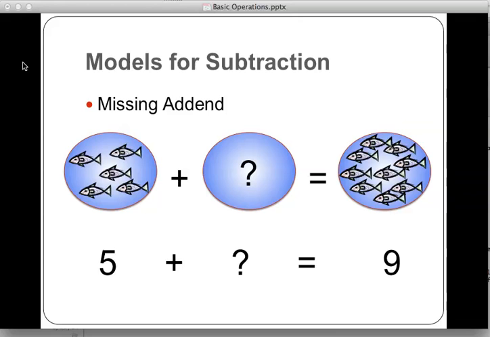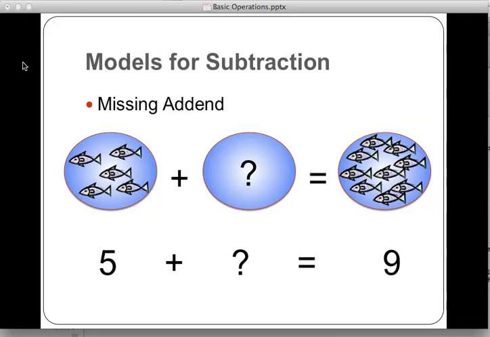There are other problems in the real world, though, that require subtraction, and they aren't takeaway. In this particular example, the question is really asking, if we have 5 and we need to get 9, how many more do we need? It is a true subtraction problem. The answer is 9 take away 5, but it's not takeaway. It's 9 minus 5 to come up with how many more we need.